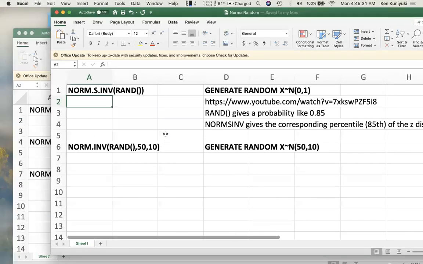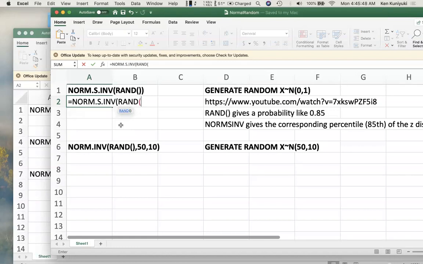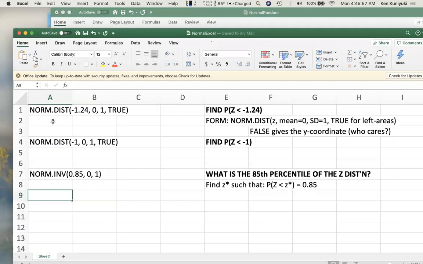I've been skipping over the Excel spreadsheet here. I'll explain this. By the way, I didn't mention this before. Here's how you can generate some standard normal random variables: NORM.S.INV(RAND()). It's a little complicated, but that's how you can get a standard normal 0-1 random variable. But I wanted to talk about this over here. So again, what's the probability that z is less than negative 1.24? It's the NORM.DIST command, negative 1.24.